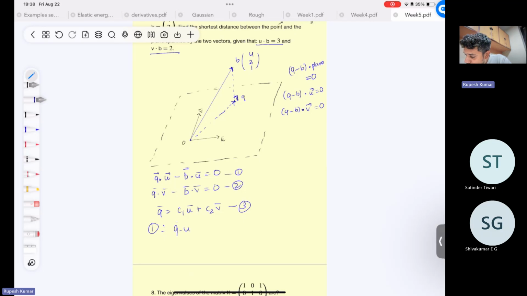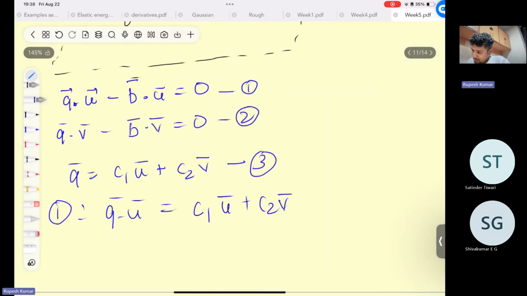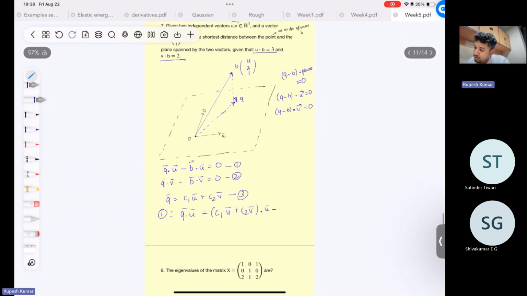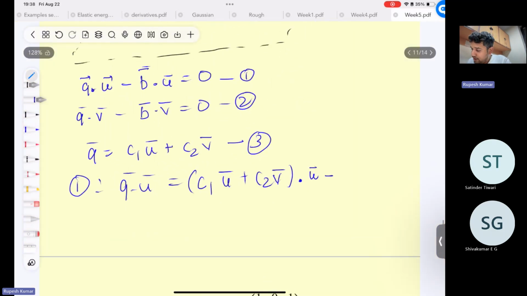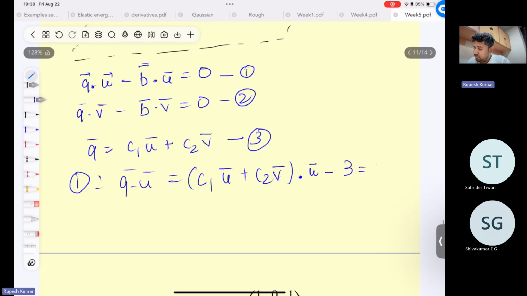So q dot u essentially means c1u plus c2v dot product with u, minus b dot u. We all know the value of b dot u is 3, minus 3 equals 0.